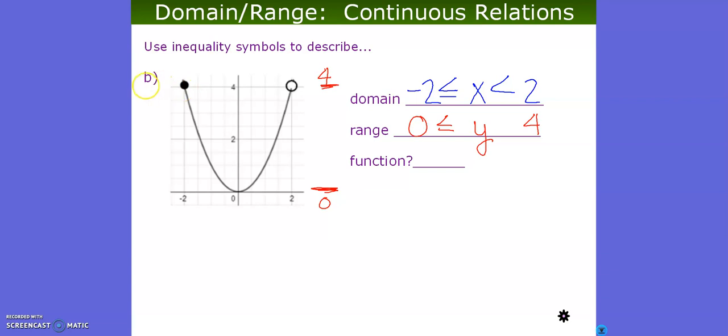At the top point, are you including 4 anywhere on your graph? The answer to that is yes. Right there, we are including 4. So for the 4 part, I want to have less than or equal to. Is this one a function? Drop a vertical line in there and whoop, there it is. Only one spot, so yes, this is a function.